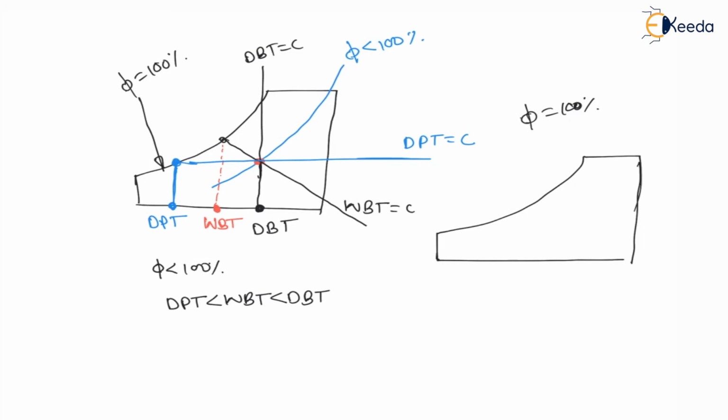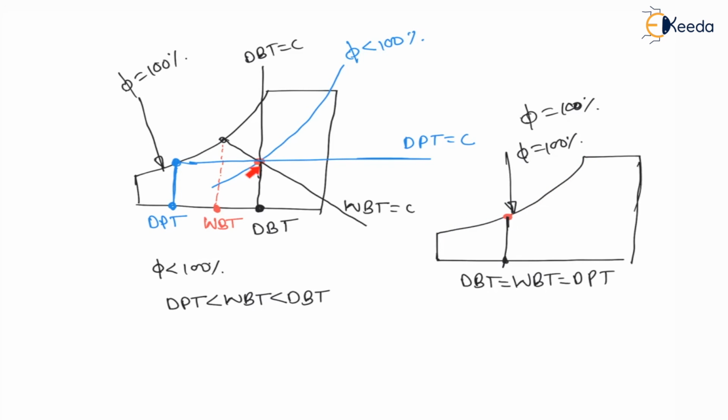Now whenever relative humidity is 100%, let us say this is the relative humidity equal to 100% line, the curved line. Then the given condition will be somewhere here, and from this point all the temperatures will be the dry bulb temperature, also the wet bulb temperature, also the dew point temperature, because the necessary condition for wet bulb temperature and dew point temperature is that the air must be saturated, that is, relative humidity must be 100%.